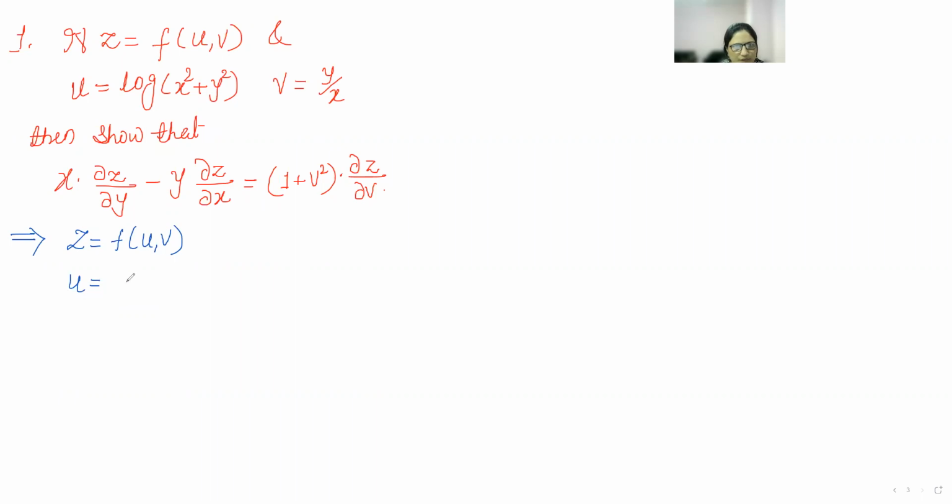So u is equal to log of x square plus y square, where v is given y divided by x. So first of all, we have to find out derivative of this z with respect to x by using chain rule. So write that dou z by dou x.